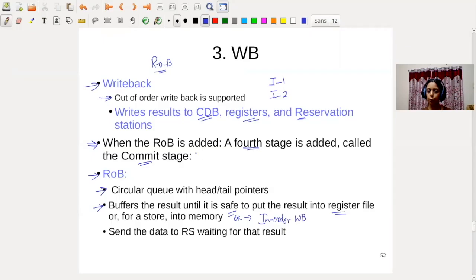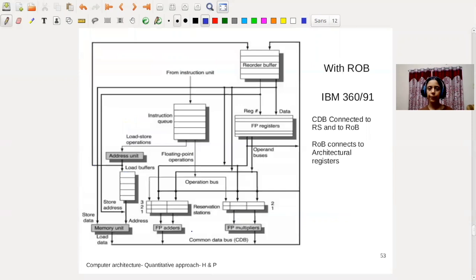And basically to do an in order write back, we are going to use this reorder buffer. And the reorder buffer is then going to send the data to the reservation station. So basically the CDB does not send it directly, but we're going to send it through the reorder buffer. So we'll see how this whole thing works.